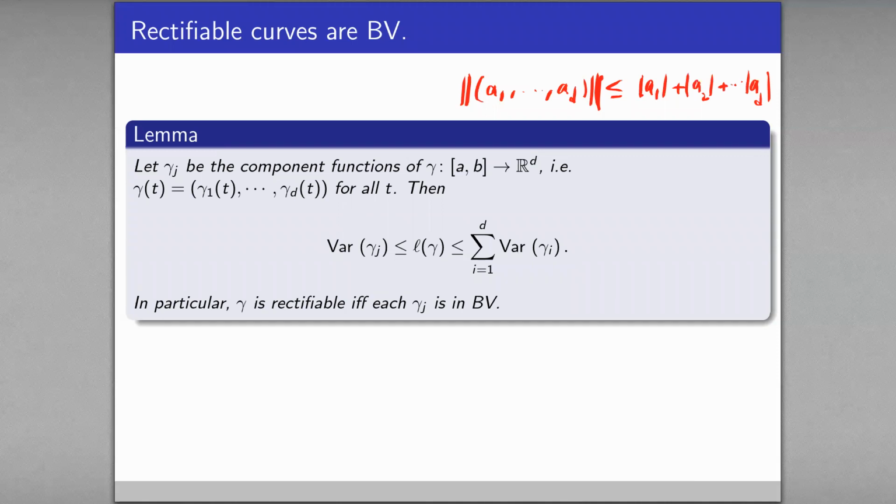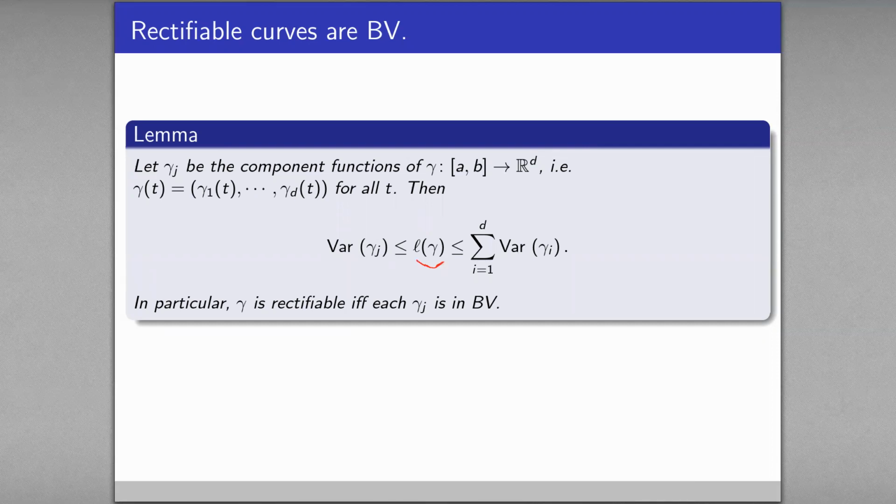So if you follow the definition of length, which was the summation of distances of gamma(ti) minus gamma(ti-1), and then apply this inequality and the definition of variation of real valued functions, you get this inequality: the variation of every component function is less than the length, and the summation of variations of components is bigger than the length.